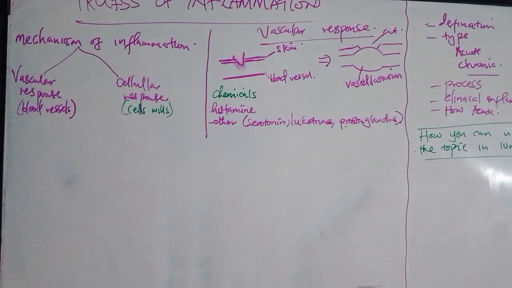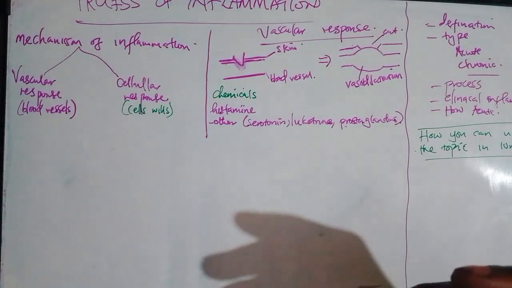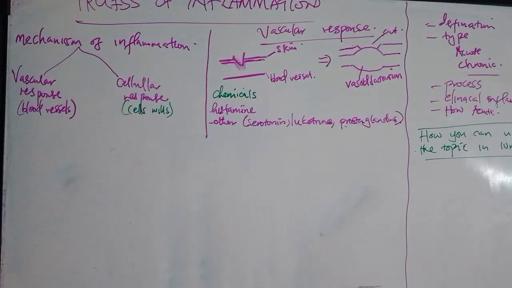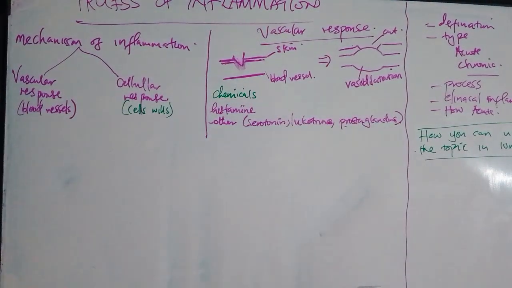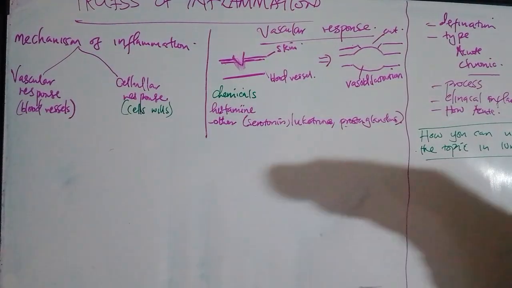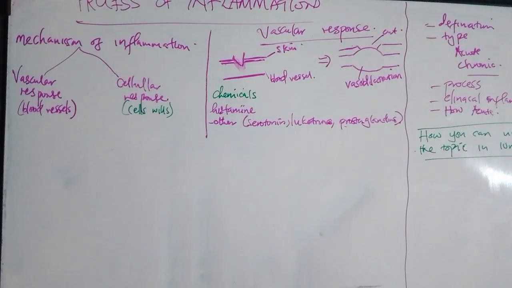So these are some of the chemical mediators which you need to know when you are talking about the vascular response, how the blood vessels respond to injury. So we say that once you injure yourself, the arteries in the area will undergo vasodilatation, which is transient.